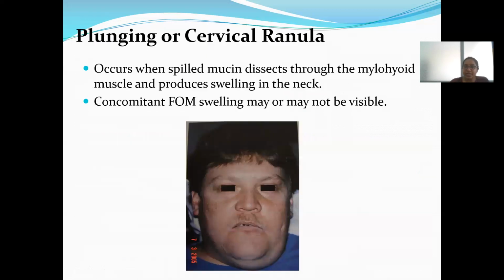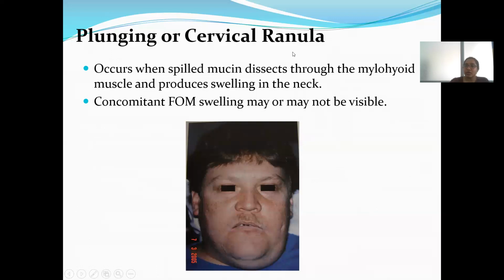There is an additional variety called a plunging or cervical ranula. It is the same ranula we described so far, but it passes below the mylohyoid muscle. The salivary components present in the ranula get below the mylohyoid muscle and are seen near the chin.